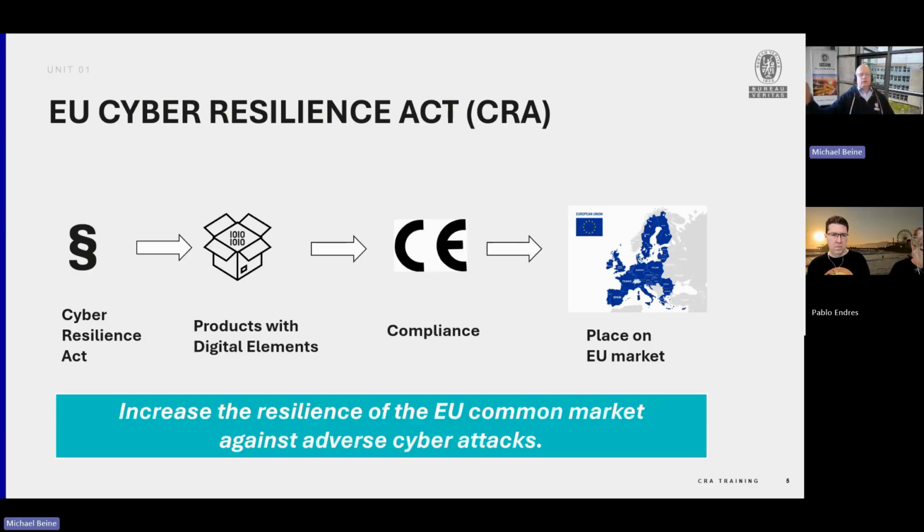It is immediately applicable across the whole European common market, the whole European Union. And it focuses on products with digital elements. So that is the focus of this regulation.